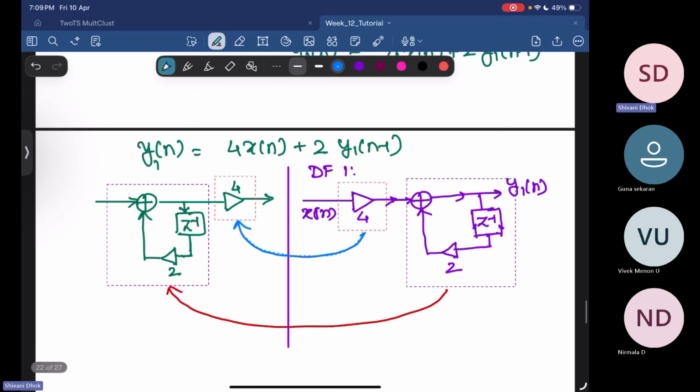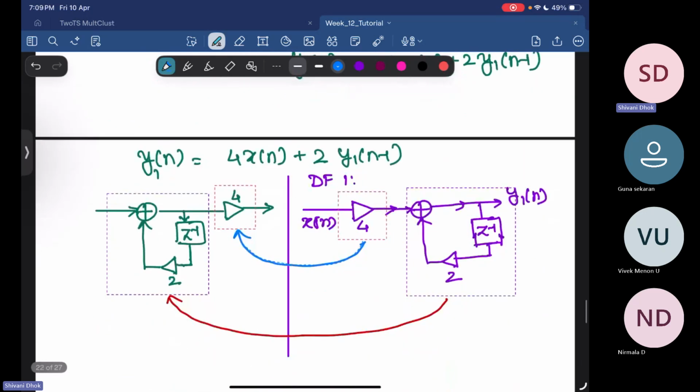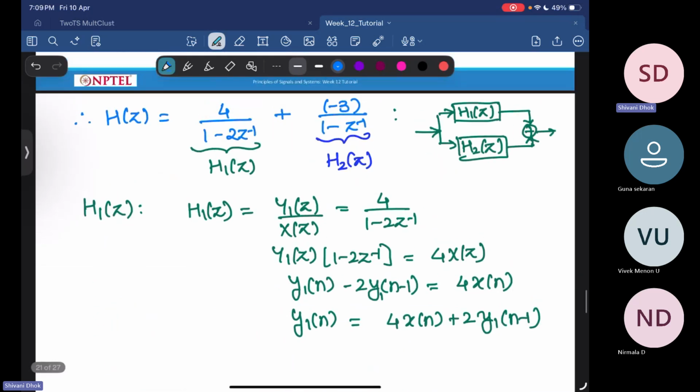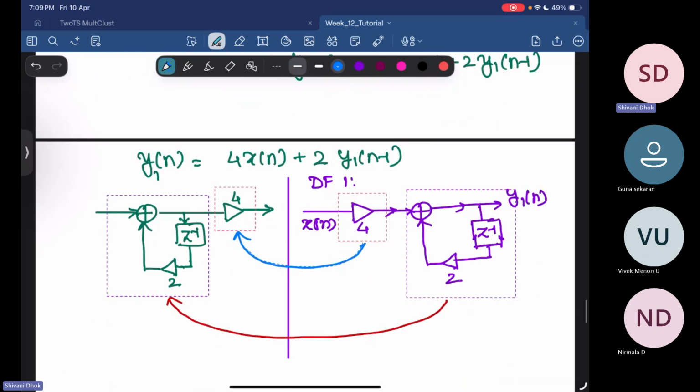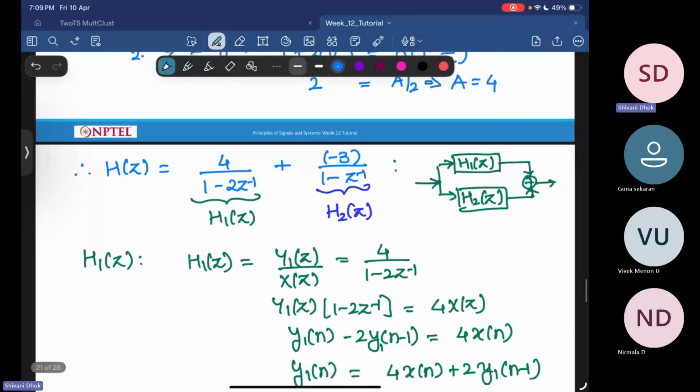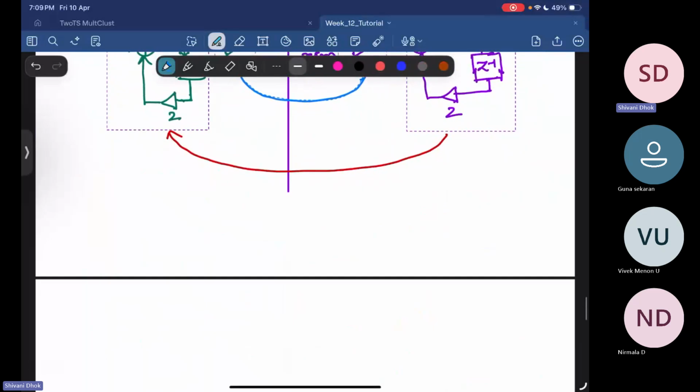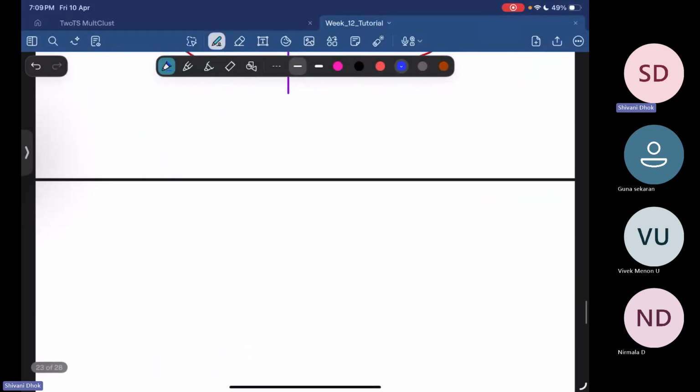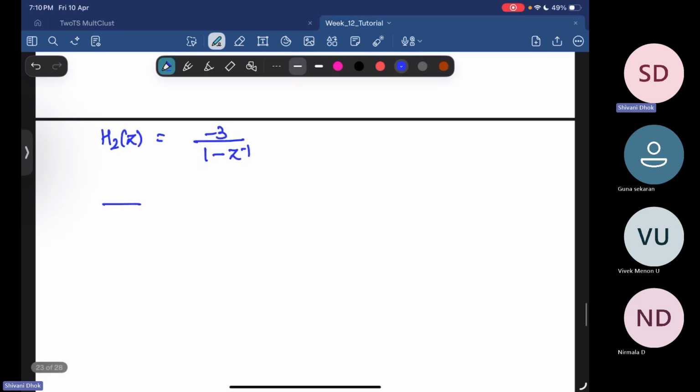Now in a similar way, this particular system, whatever we did now, was your H1 of z. In a similar way, we can do H2 of z. H2 of z is minus 3 upon 1 minus z inverse. So we'll start with the denominator. For the denominator, you have a 1 here.